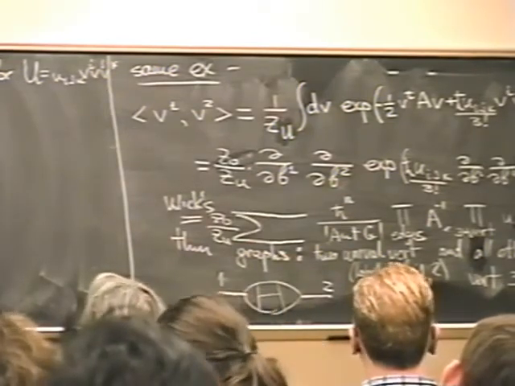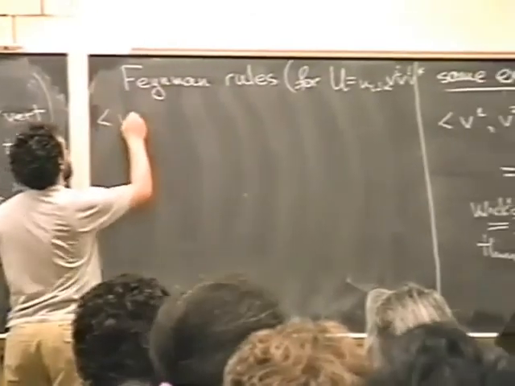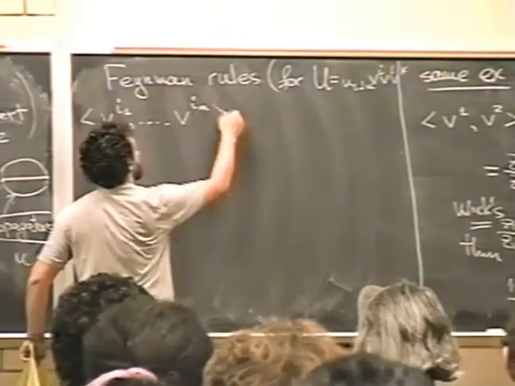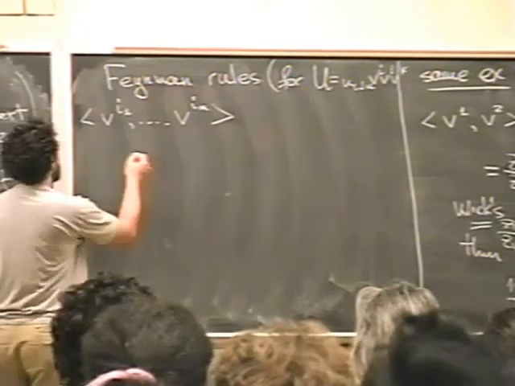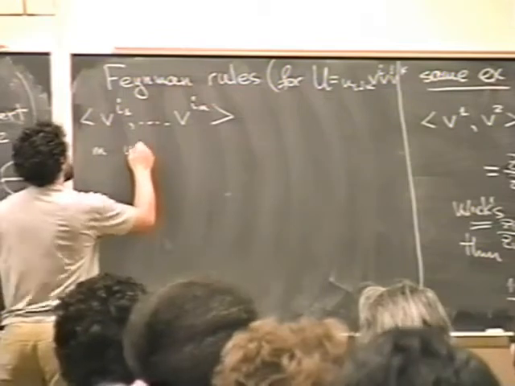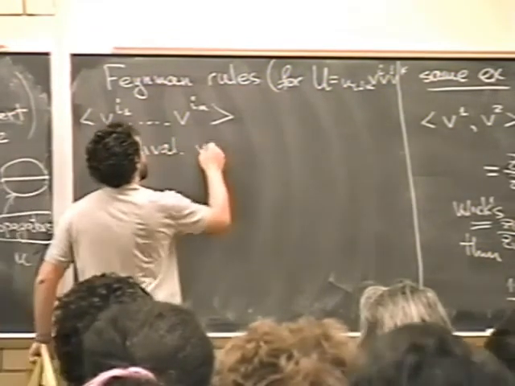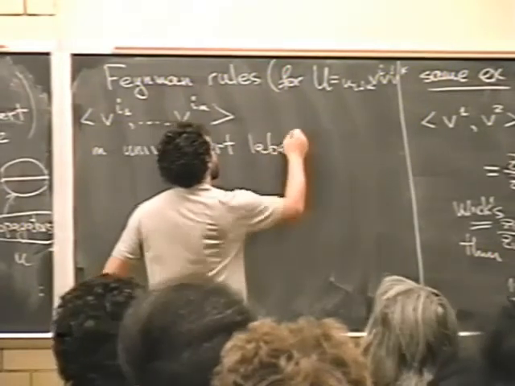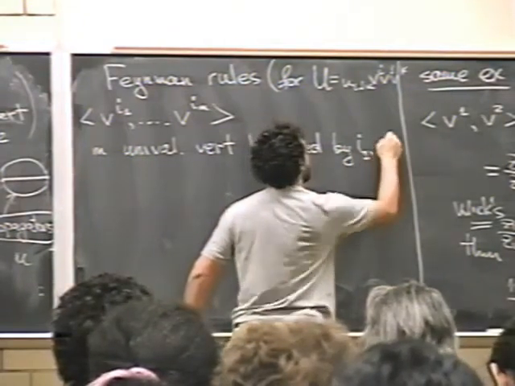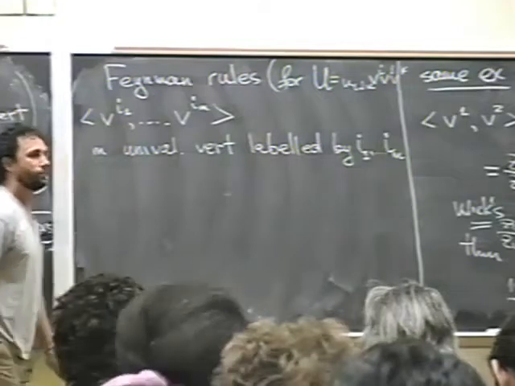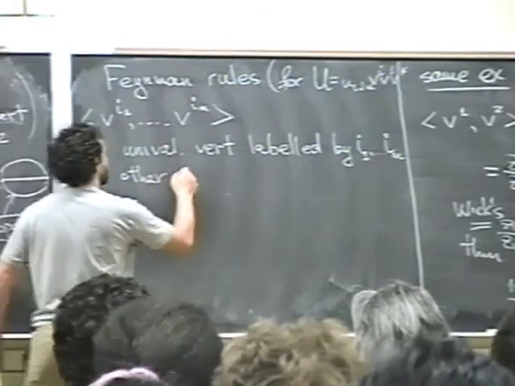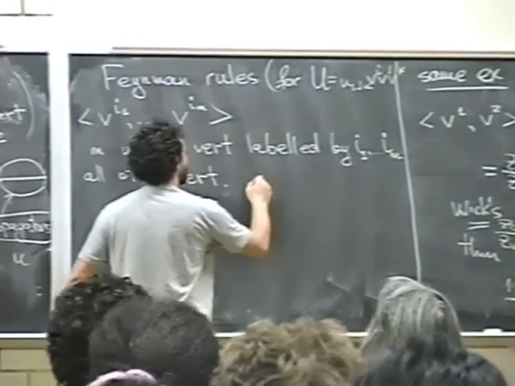So general Feynman rules here would be the following: if I want to compute V_{I1...IM}, I should do it by counting graphs with M univalent vertices labeled by I1, etc., IM, and all other vertices trivalent.